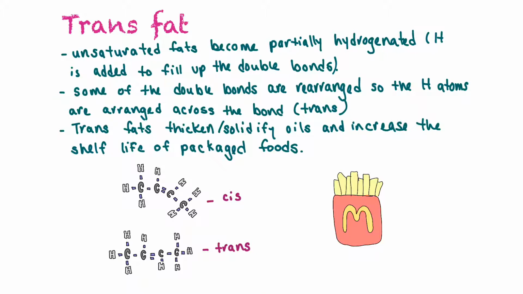Trans fats thicken and solidify oils and increase the shelf life of packaged foods. So that's a benefit to people producing foods that they want to last a really long time. One example of a food that has trans fats would be McDonald's French fries and a lot of packaged foods. Mind you, there's a lot less trans fats in foods now because we're becoming more and more aware of their health risks.